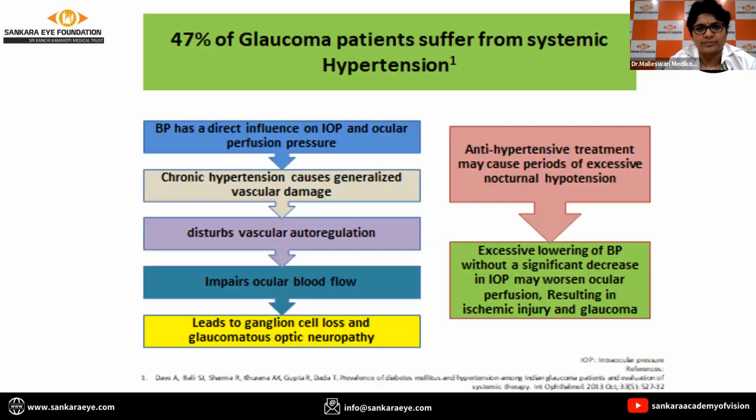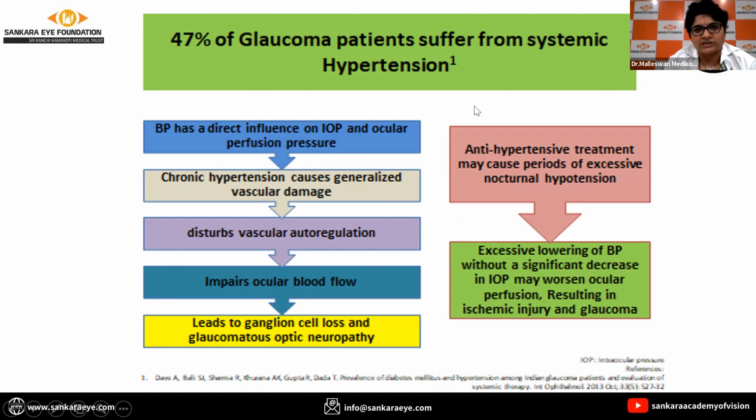So this is the normal mechanism, and this is how systemic hypertension gets affected. Diabetes and hypertension are both microangiopathies. If the BP fluctuates, there is a decrease in the ocular perfusion pressure, which can cause dysregulation in the vascular autoregulation, which impairs the ocular blood flow and leads to loss of ganglion cells.